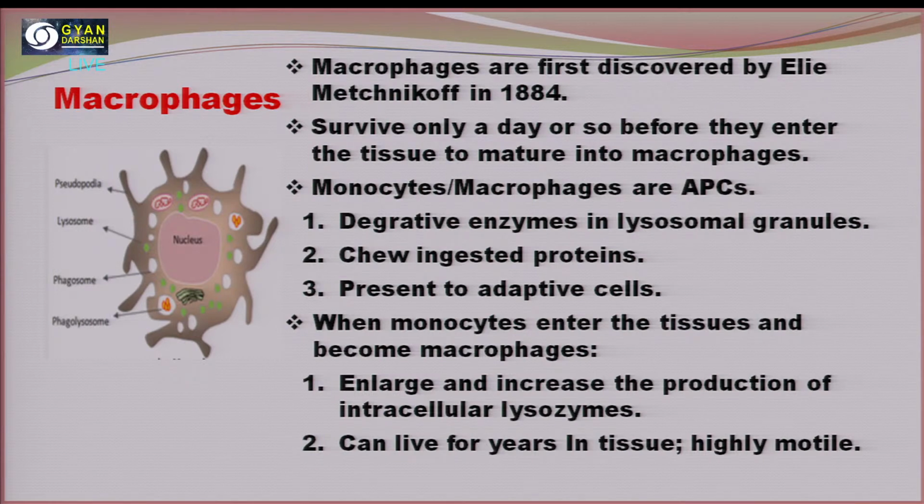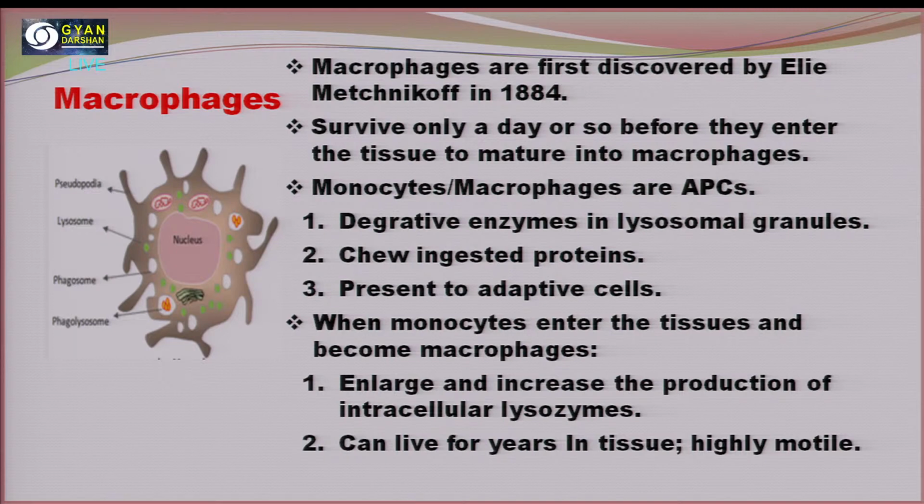The monocytes and macrophages are APCs, antigen presenting cells, and they degrade with enzymes. They have degradative enzymes in the lysosomal granules and chew ingested proteins present in the cells. So basically, adaptive immunities are there.